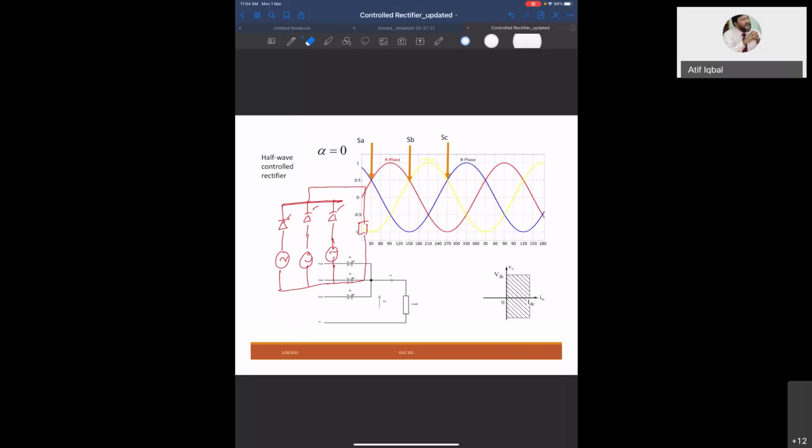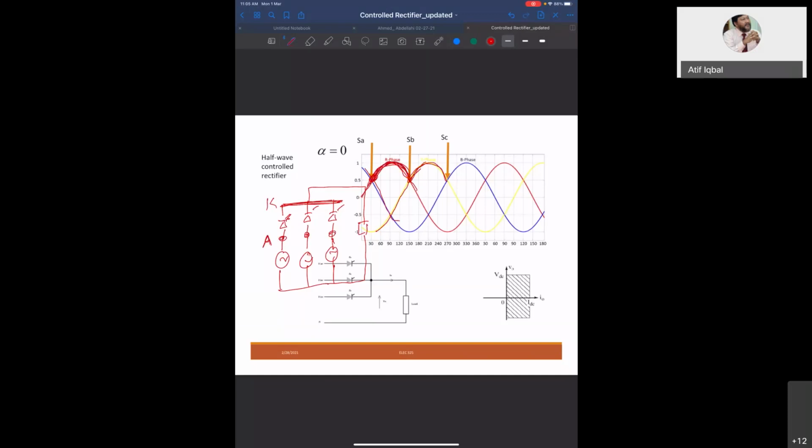Now you see, since all the thyristors have the same cathode, they will operate when their anode is most positive. This is the three phase voltage that is applied to the thyristors. From this point to this point, phase A is most positive.